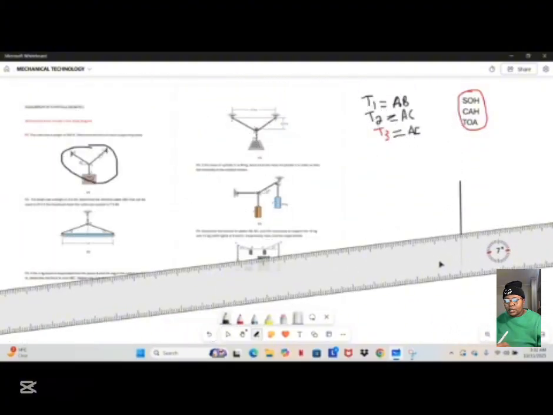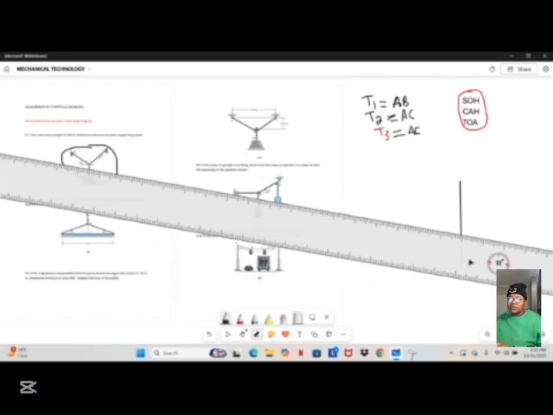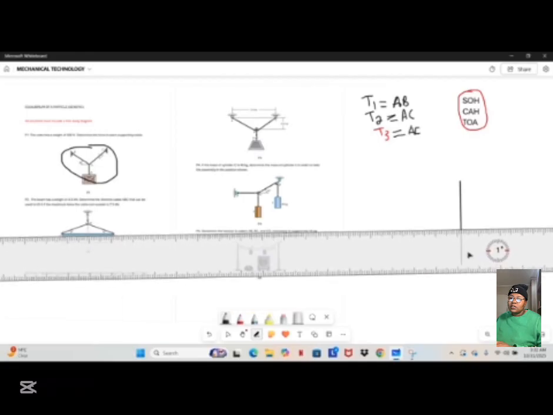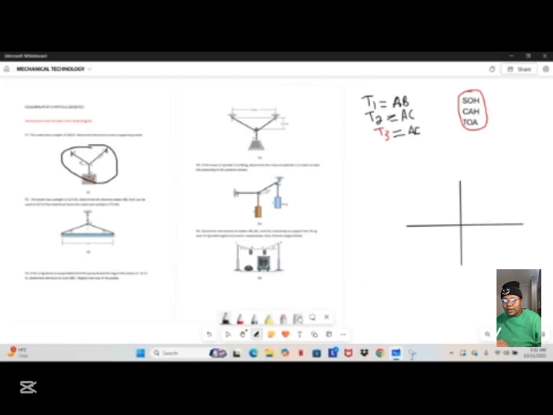Let's rotate it so that we can draw. Okay, let's draw the second line, which is going to be here.